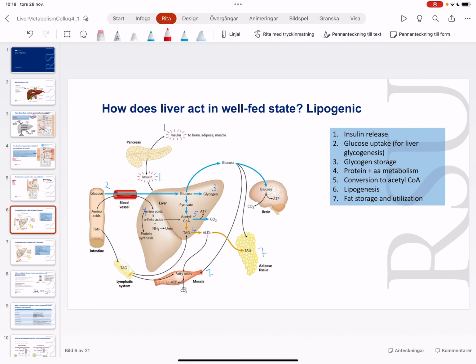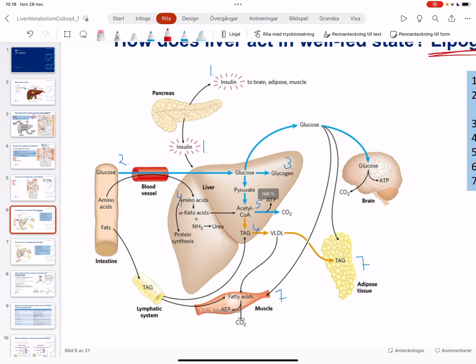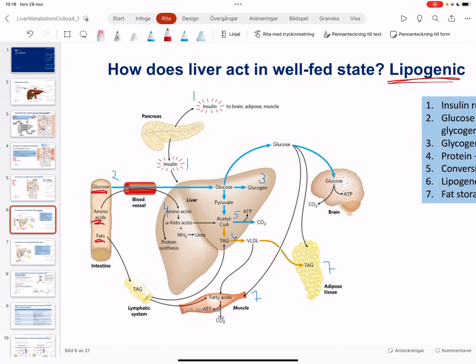How does the liver act in a well-fed state? That means that we are in a lipogenic state, meaning that we have insulin present. If we have just eaten, so if we take a look here at the intestine, in that meal we have glucose, amino acids, and fats. And how does the liver act in this state where there is insulin?